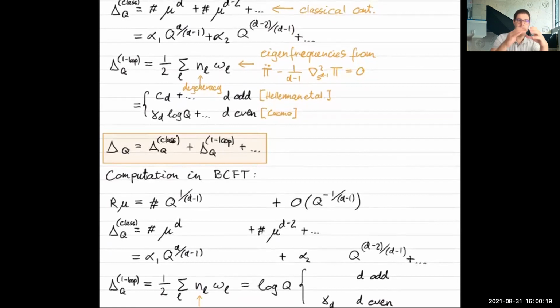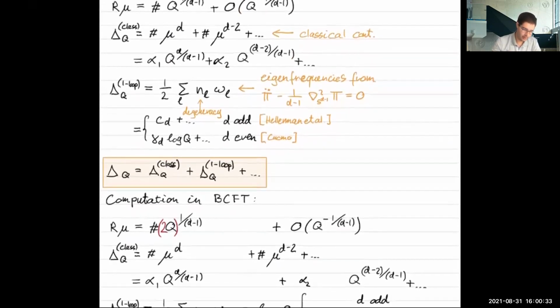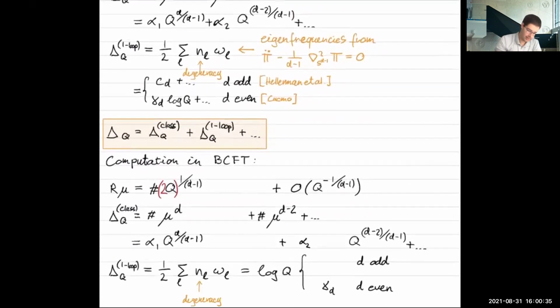If we had the full sphere instead of the hemisphere, we would have 2 times the charge that we have. And so here's a factor of 2. That's somewhat trivial. The non-trivial thing is that from the boundary contribution to the charge density, we get a shift here. So this number B shows up.